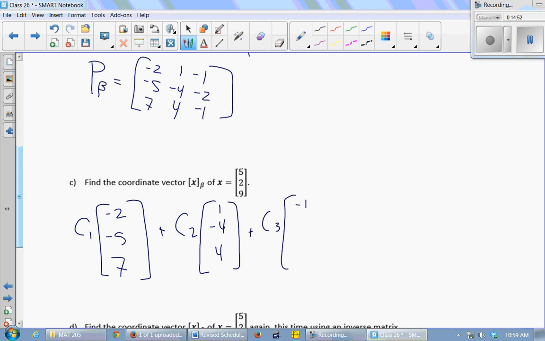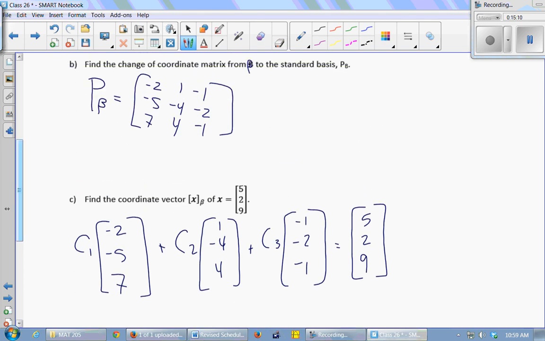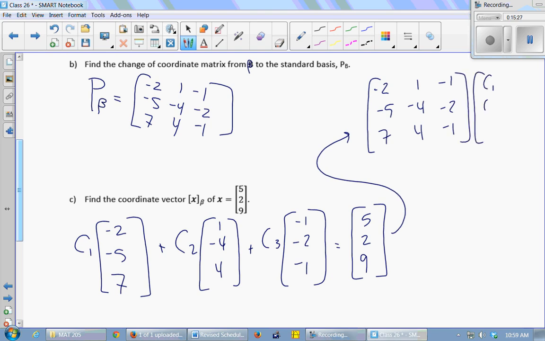To get 5, 2, 9. If I were to write this as a matrix equation, I would have the matrix with columns -2, -5, 7, 1, -4, 4, -1, -2, -1, times my vector of unknowns, equals 5, 2, 9.